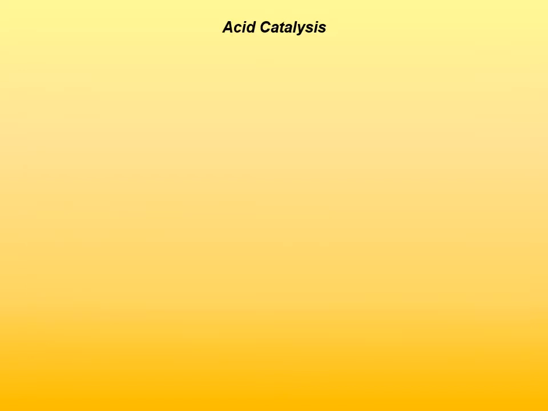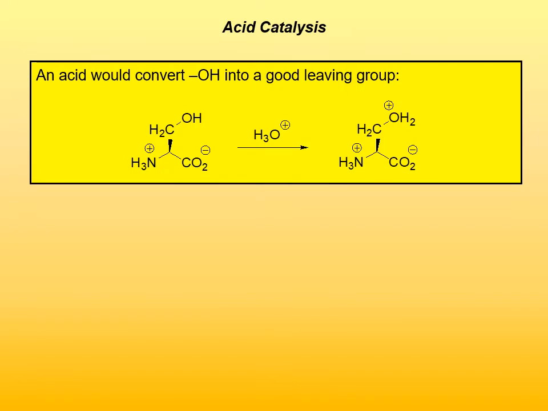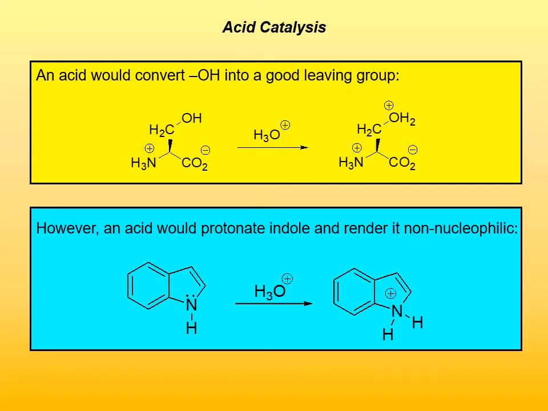Well, we can attempt acid catalysis as an alternative. Acid catalysis would actually convert the hydroxyl group of serine into a good leaving group. So the hydroxyl group of serine would have been converted into an oxonium ion, and that's actually a very good leaving group, and it could participate in SN2 reactions. But the problem is that under the same acidic conditions, indole would be protonated.